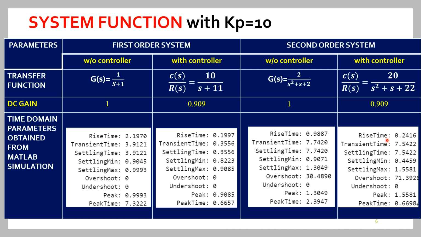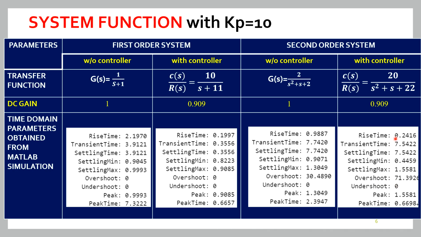The introduction of the P controller reduces my rise time, and the settling time is also reduced. For the first order system there is no overshoot introduced by the P controller. For my second order system, the initial overshoot is 30%, and with the controller the overshoot has increased to 71%.